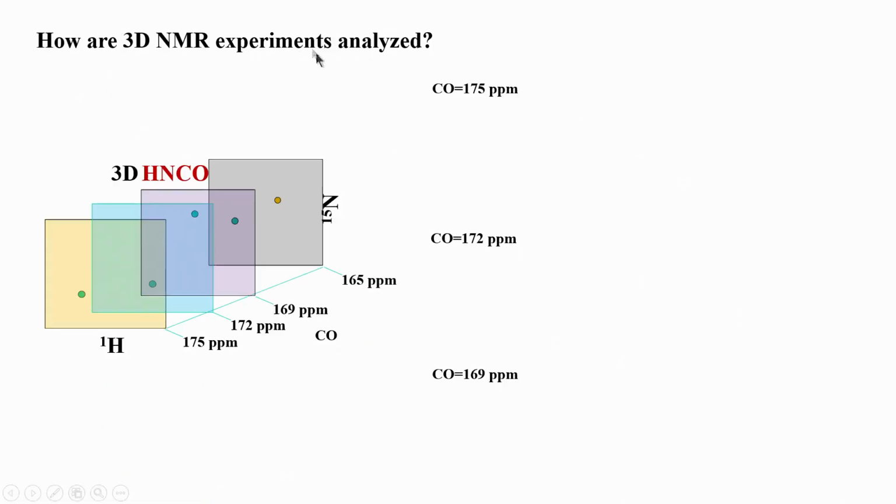So, now look at this again. I will show you how the strip plots, as we call them, are made. Let us say we have a 3D HNCO spectrum, this is something we saw, and let us say this is the CO chemical shift.